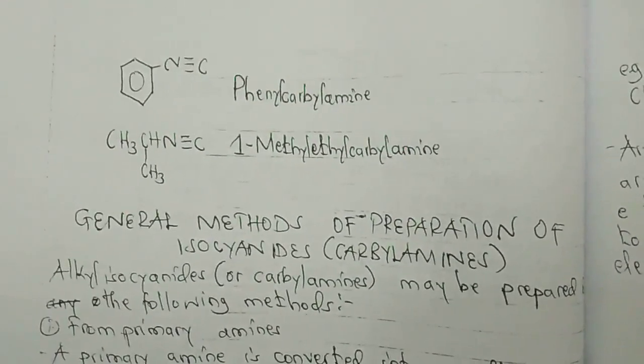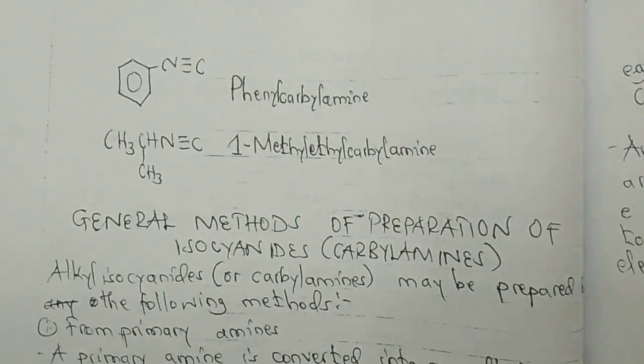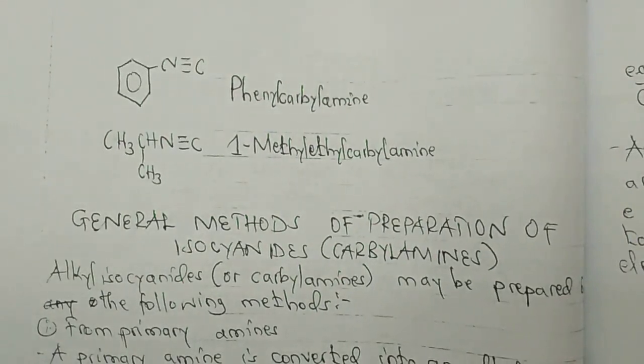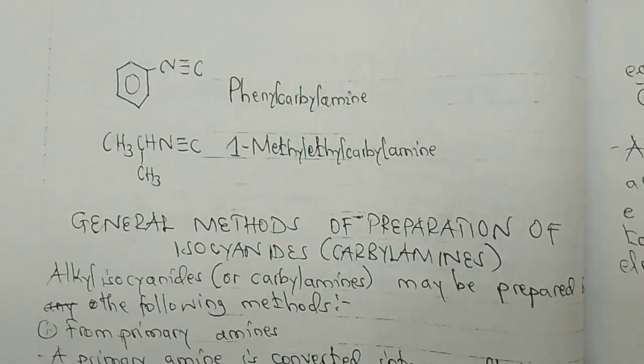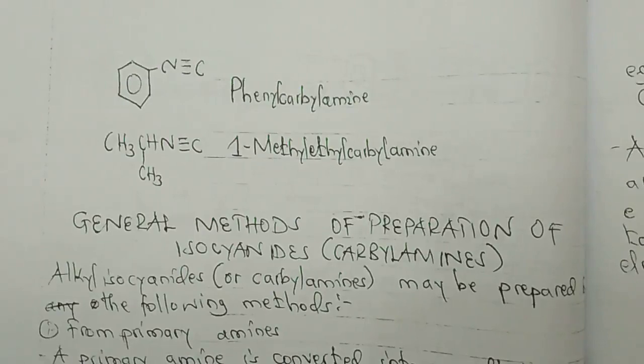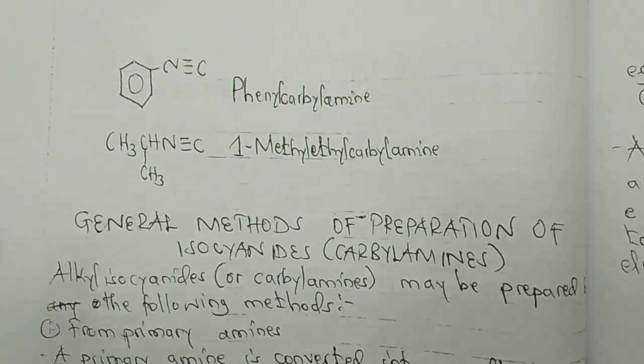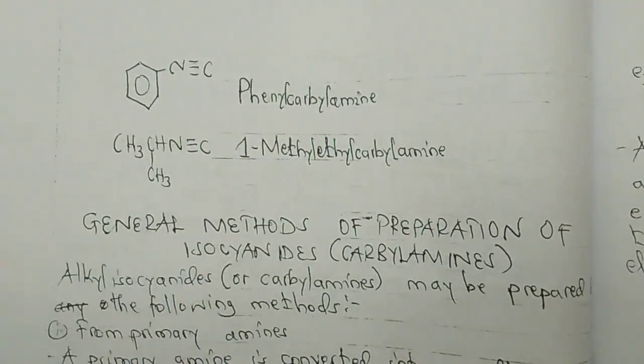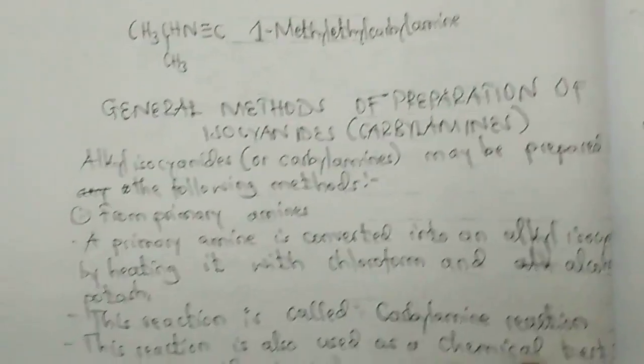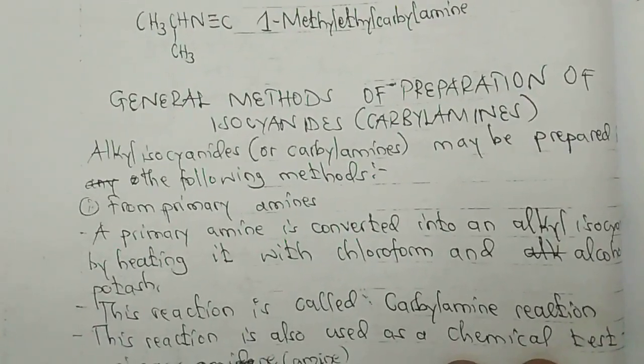Phenyl carbamylamine na one methyl then ethyl carbamylamine. Actually chain lazima iwe ni hapa ambayo ina general method of preparation of this isocyanide or carbamylamine.